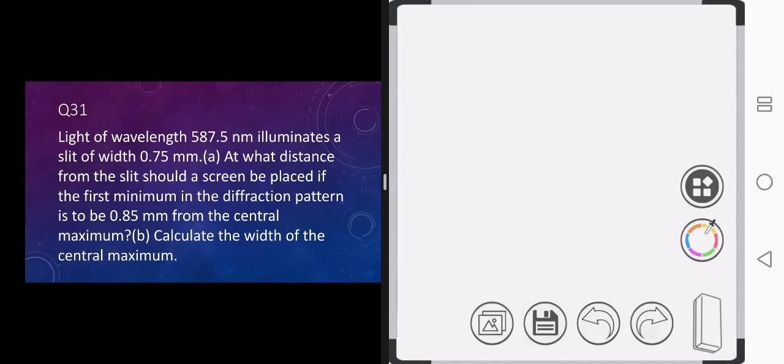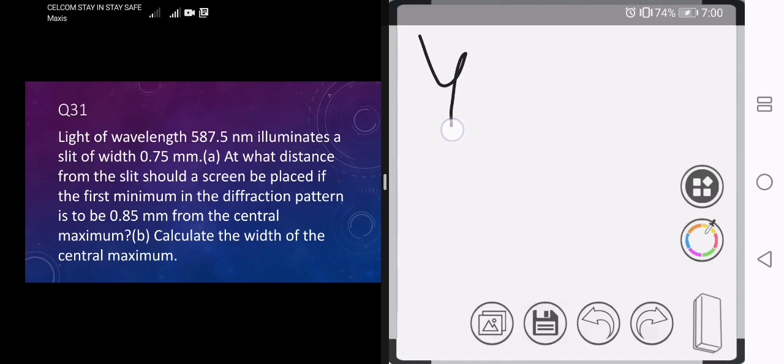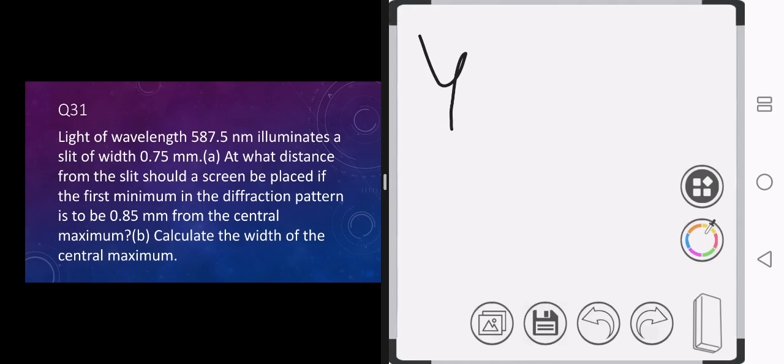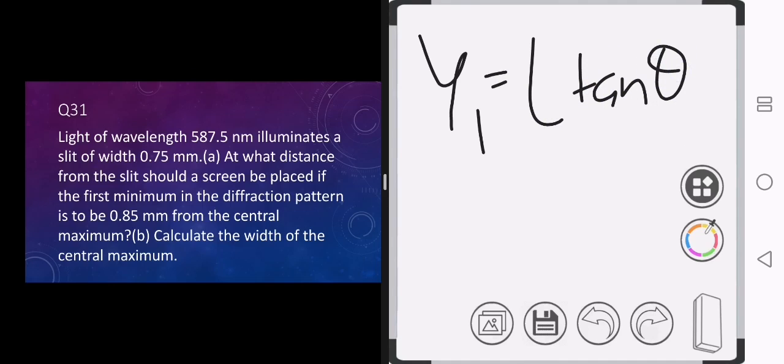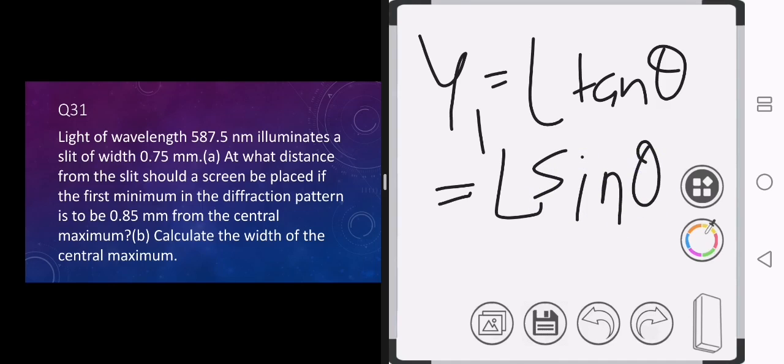So for a slit we have this equation. So y1 equal to L tangent theta. We still use the same relation. Since the theta is very small, it's also equal to L sine theta.